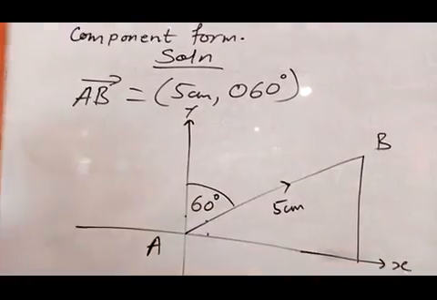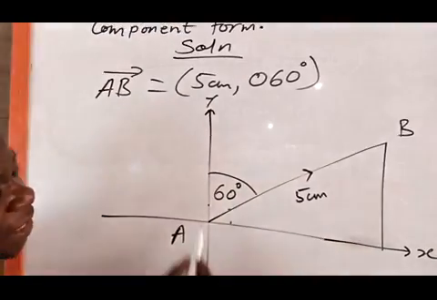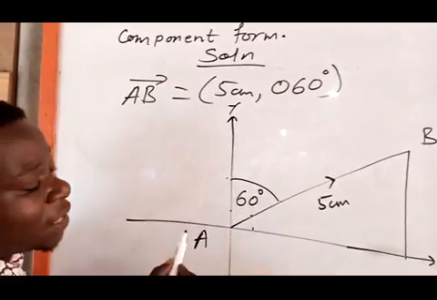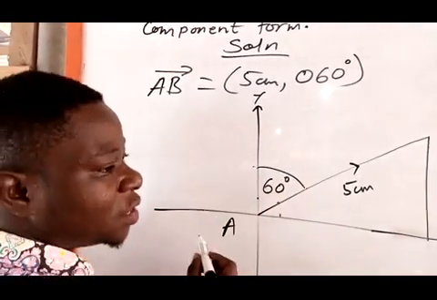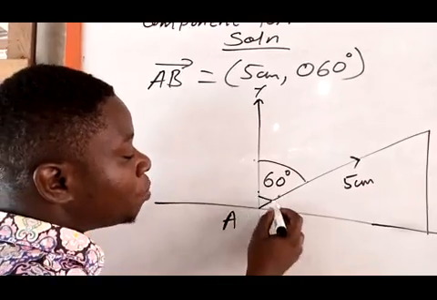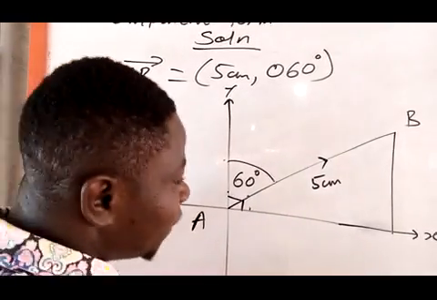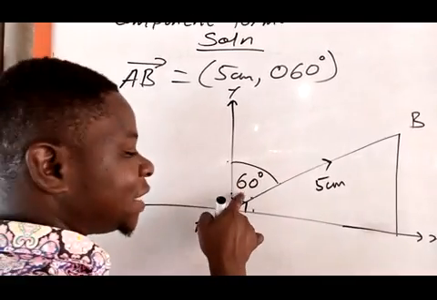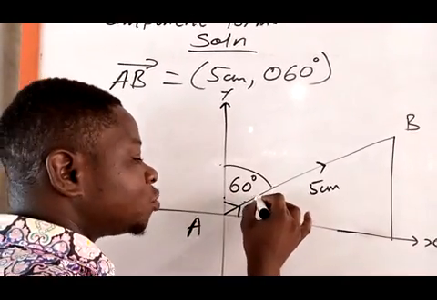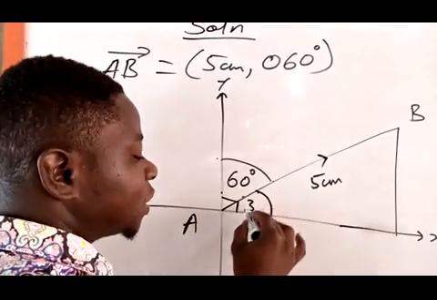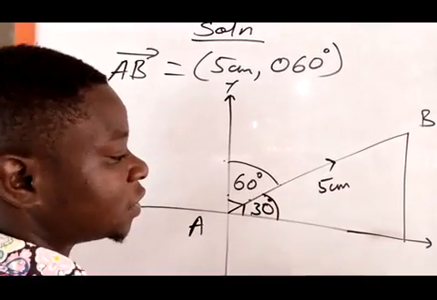After we have created the triangle, we realize that from here to this part is 60 degrees. So if the whole quadrant is 90 degrees, then we can subtract the 60 from 90 degrees to get this small part, and that is going to be 30 degrees.